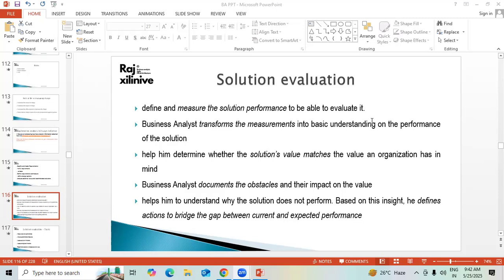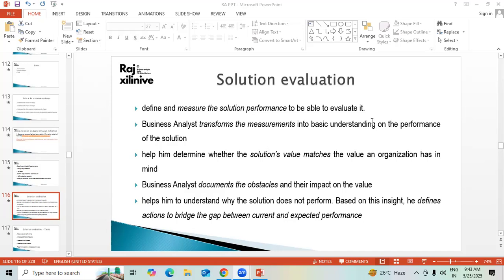Next, we need to determine whether the solution will really match the value that we as well as the organization have identified. Because as I specified some time back, reaching the objectives and goals, whether long-term or short-term, which the customer wants to implement at the organization level, must be the higher priority.